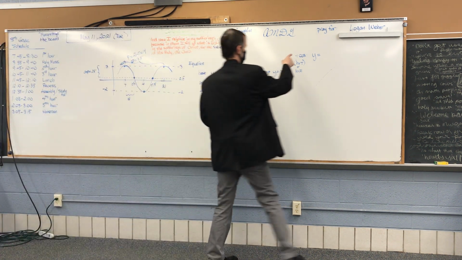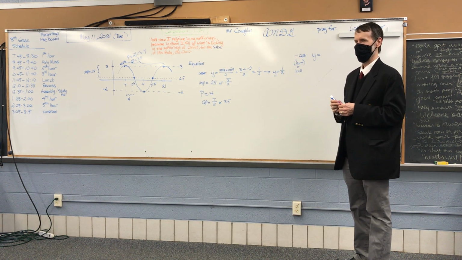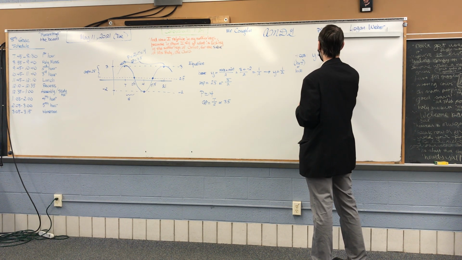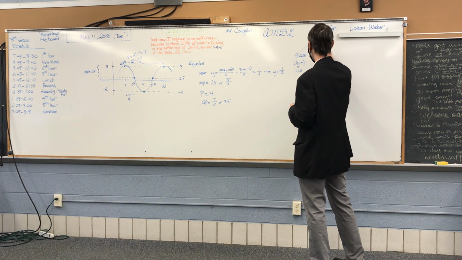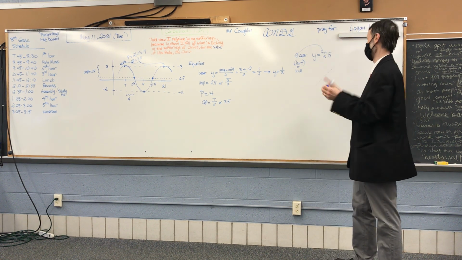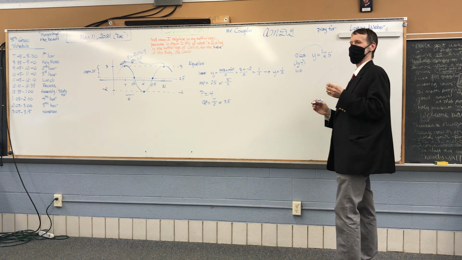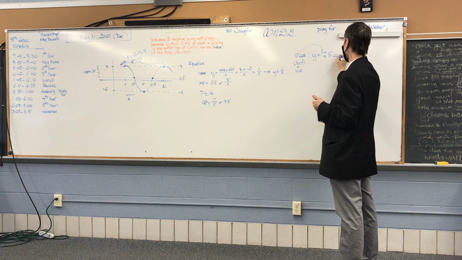If I'm doing a positive cosine graph, do I want positive 2.5 or negative 2.5? Exactly. Positive 2.5. Whatever kind of graph you want, make it that sign. You don't really have to put the plus. Is it going to be a sine graph or a cosine graph? Cosine.